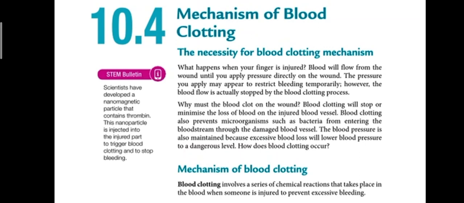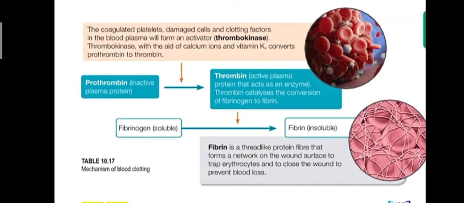So what is the mechanism of blood clotting? So this one, bila kita luka sahaja, okay, bila kita luka sahaja, the coagulated platelets, damaged cells, and clotting factors in the blood plasma will form an activator. So activator di sini adalah enzim thrombokinase. Okay, thrombokinase enzyme.